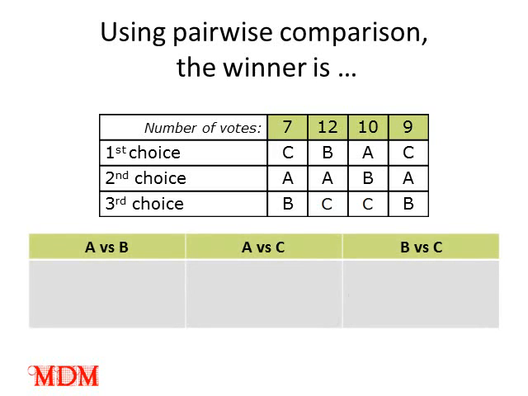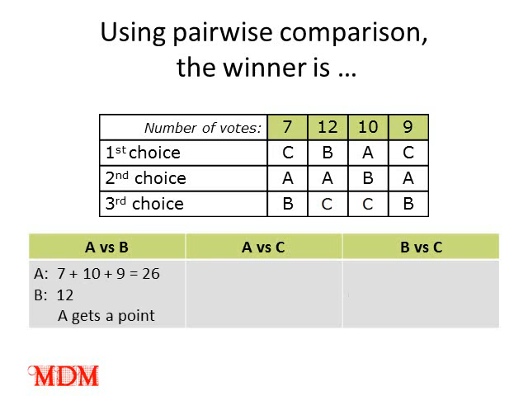Therefore, we're going to have to compare A versus B, A versus C, and B versus C. Let's take the first head-to-head matchup, A versus B. Notice that A is ahead of B on this particular ballot, and there were 7 who voted that ballot, and on this ballot with 10, and on this ballot with 9.